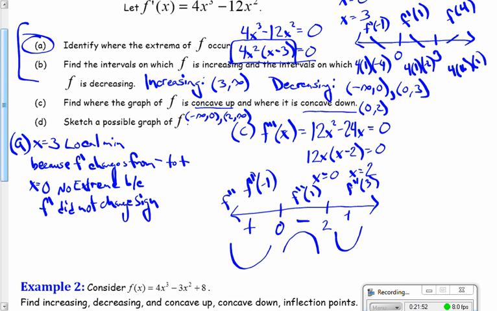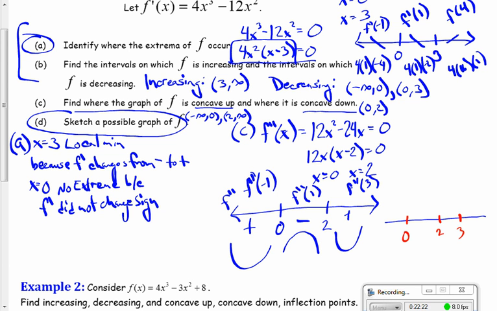Okay. For the last step, we're just going to put those two things together and sketch a possible graph of f. I'll go back to our number line, maybe in a different color. My important points occurred at 0, 2, and 3, right?